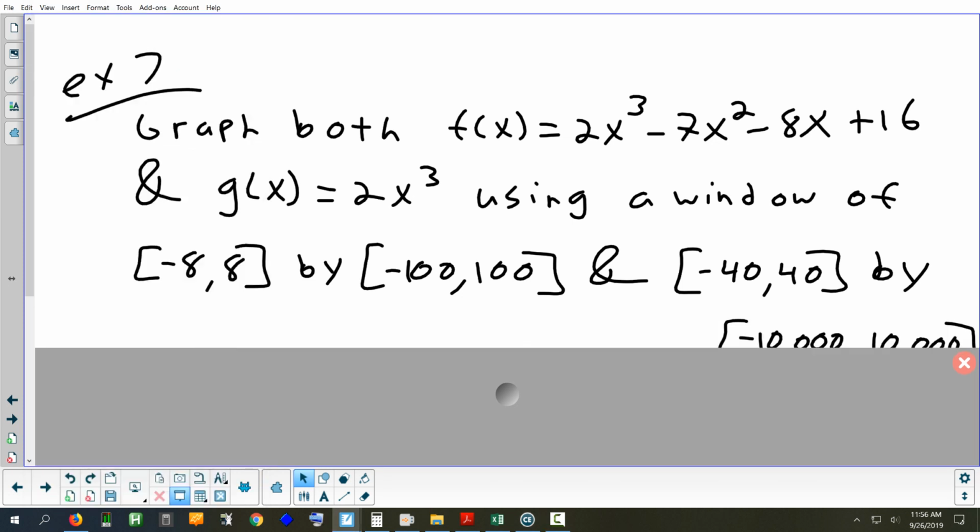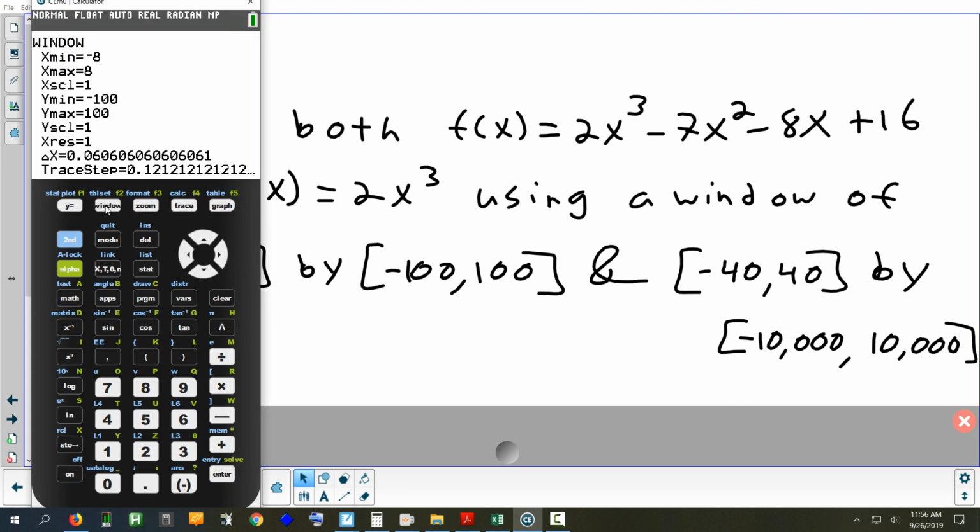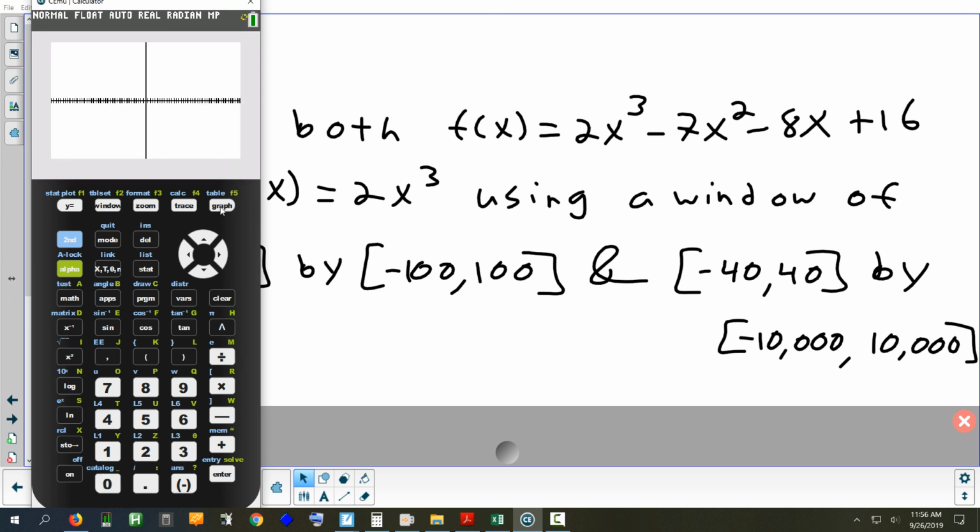Now, let's zoom way out and see how they look. Let's go negative 40 to 40, and negative 10,000 to 10,000. I'm going to ask the same question. That's the really detailed one right there, and now here comes the EBM.